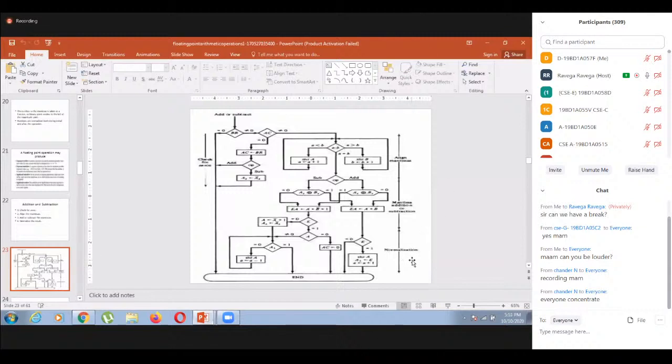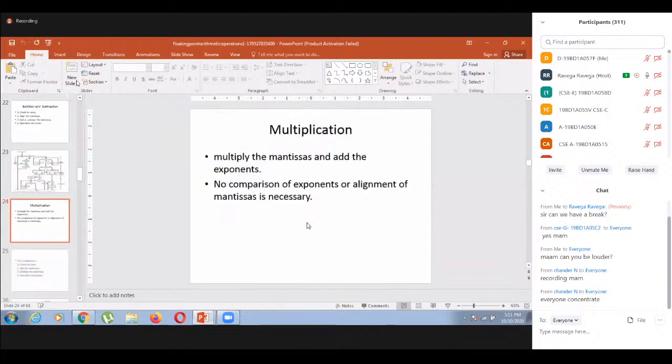By using the shift left and shift right operations. So this is the addition and subtraction operations for the floating point numbers.